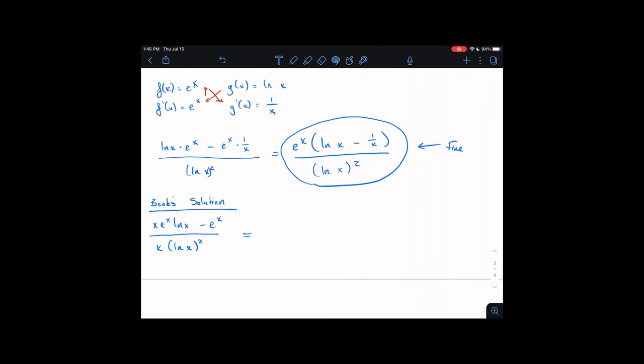So let's just copy paste it. So it's my solution. Let's make it a little smaller. And what they did is they saw the 1 over x in there and they didn't like it. So they multiplied by x over x, which is just 1. You can always do that and not change the value of the fraction. And this ended up getting rid of the 1 over x in the numerator. And you can check this and verify that it is the same thing.